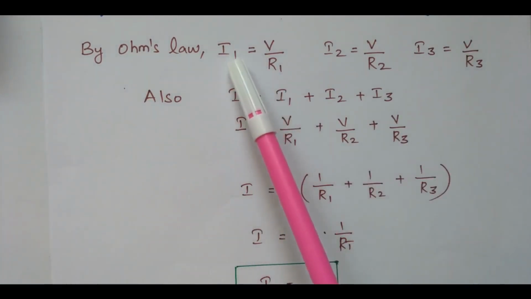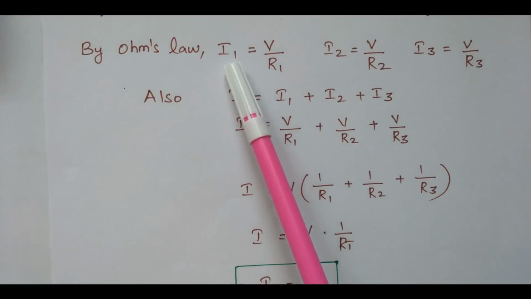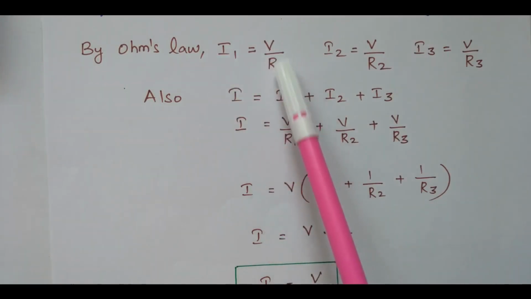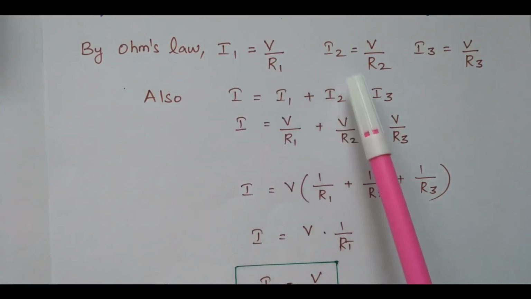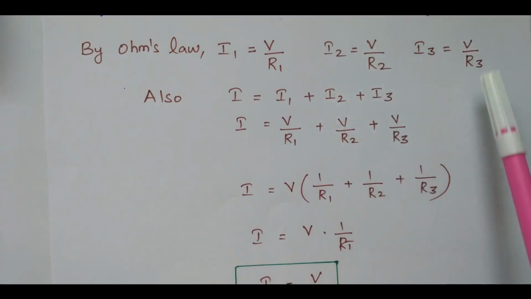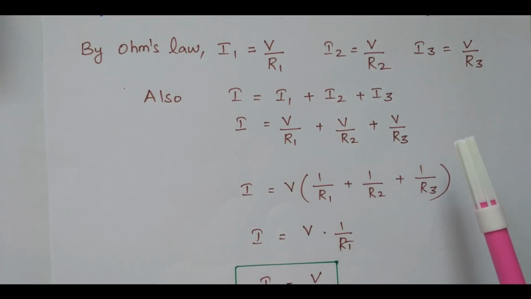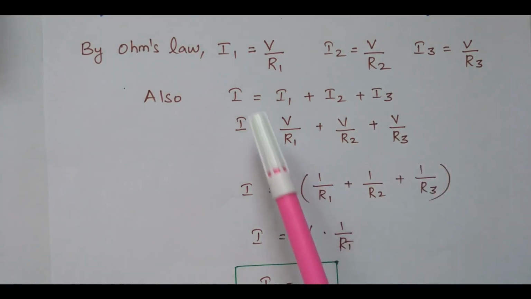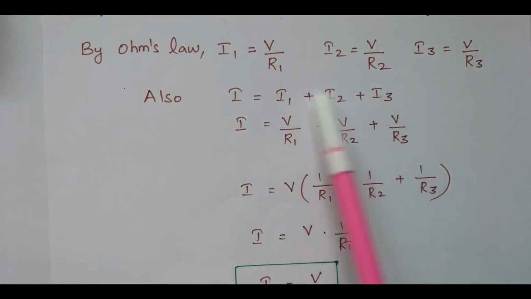So I1 is the current flowing through resistor R1, so I1 equals V by R1. Similarly I2 equals V by R2, and I3 equals V by R3. Another important thing: the total current equals the sum of the currents flowing through the resistors. In the series combination, V equals V1 plus V2 plus V3.